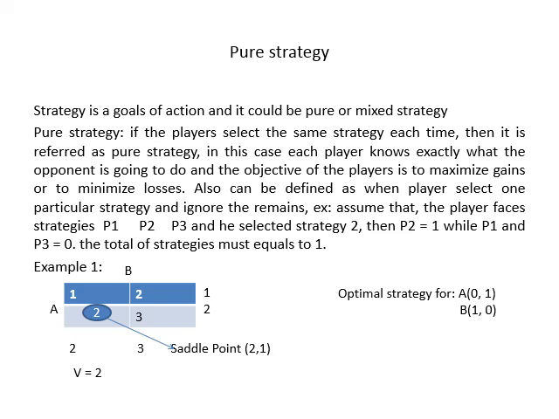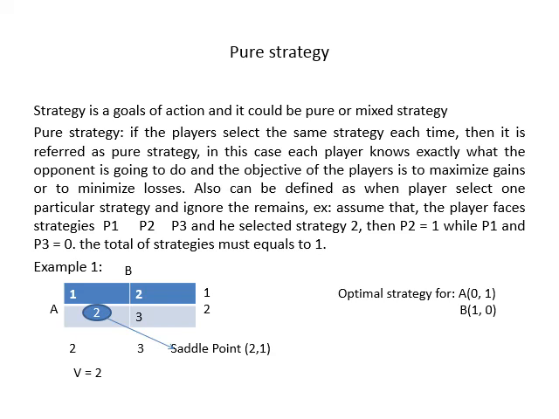This 2 inside the circle, its place is in the intersection point between column 1 and row 2.